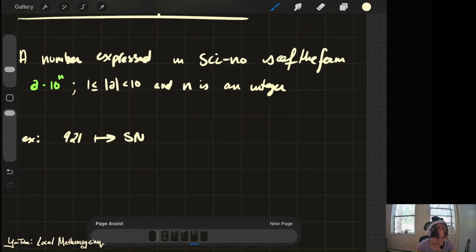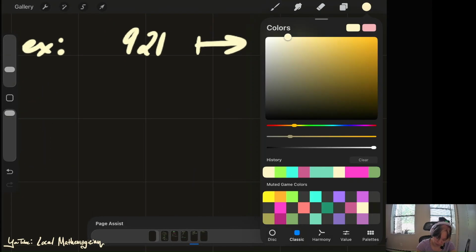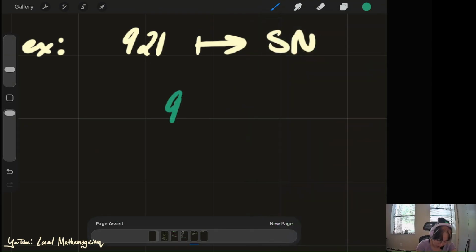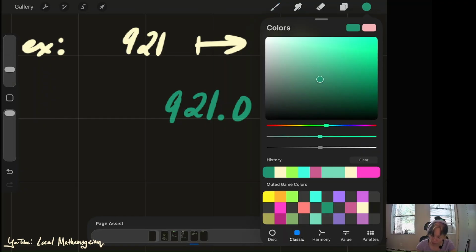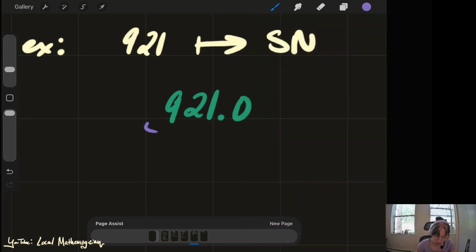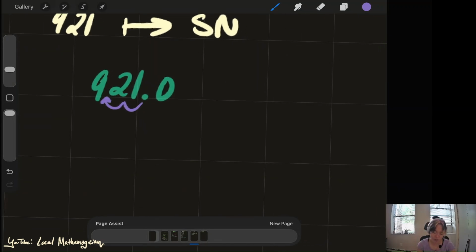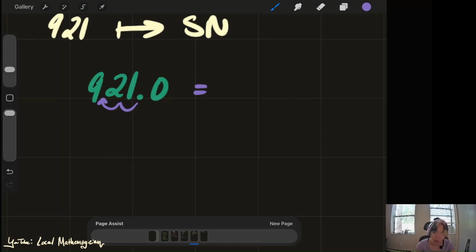So, for example, let's say you want 921 in sino. Well, 921 is too big. So here's what you're going to do. I hate this method, but it works for you guys. 921 can be written like this, 921.0, right? Decimal places, sig figs, all that baloney. Well, if we want our number to be less than 10, you move over 2 decimal places, but moving over 2 decimal places means you divide it by 100.